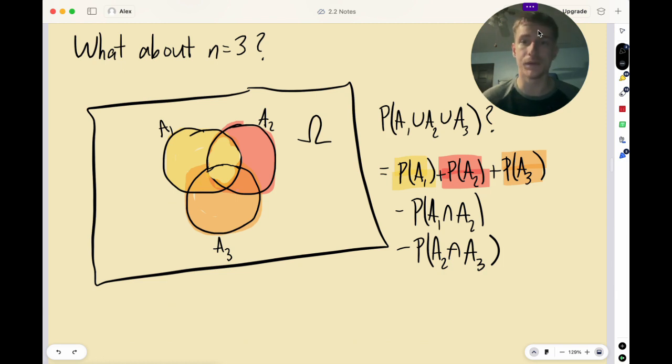So, let's do that. Let me try not to cause too much damage here. I'm going to remove that intersection. And the problem is, again, one of those shaded regions still remains.